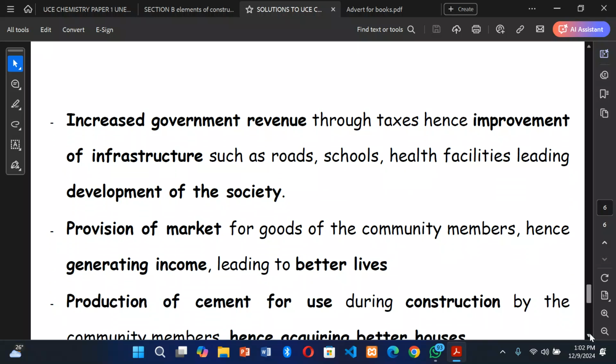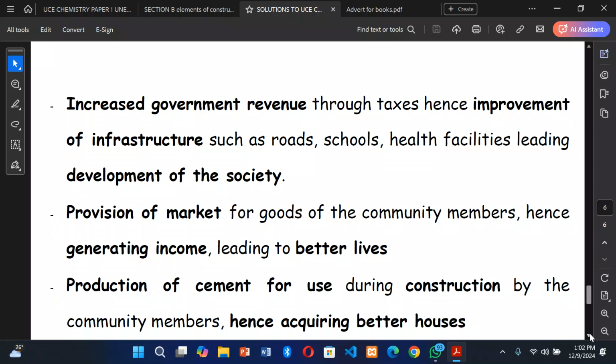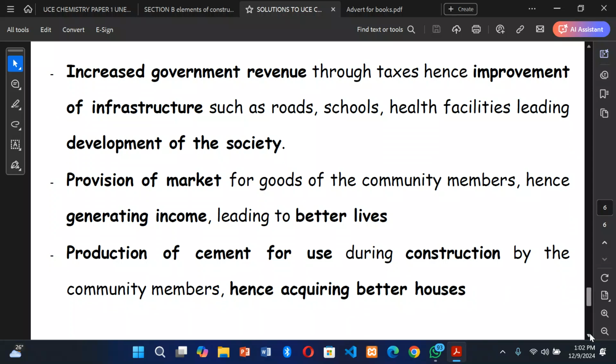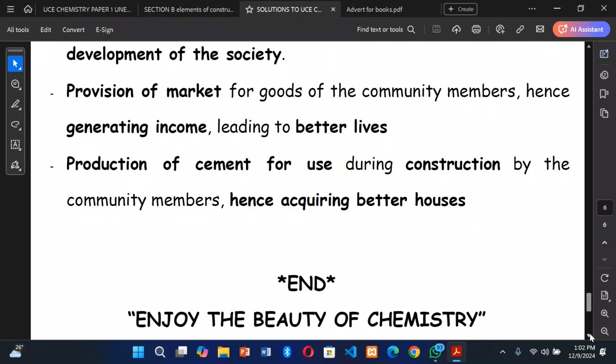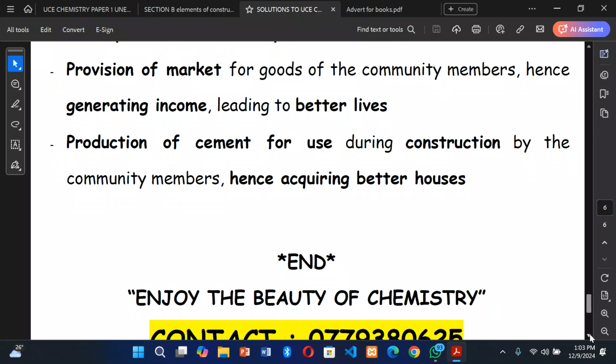You can see these points are the same as the ones we had up. As I said, production processes have almost the same points for social benefits. Otherwise, that marks the end. You can pause and copy those points down for your further revision. They are the same as the ones we had for item 3.